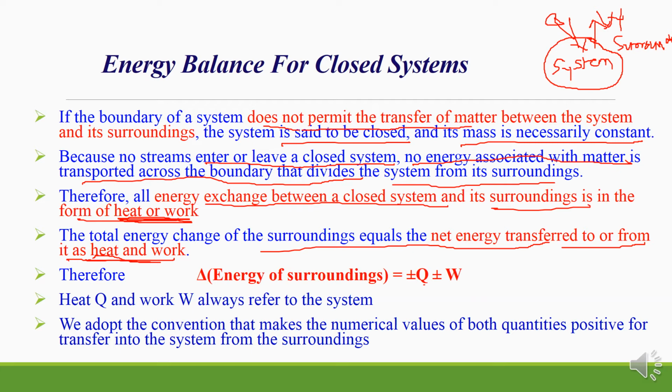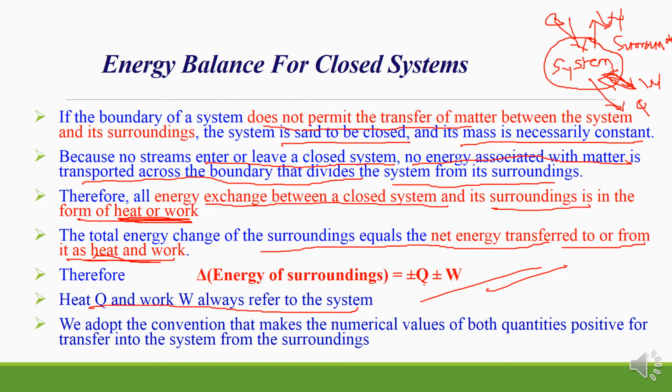So Q minus W. That's why the plus and minus sign is added here. In the second case, if the work is done on the system, in the reverse case, then it might leave some energy, it will give some energy to the surrounding, right?